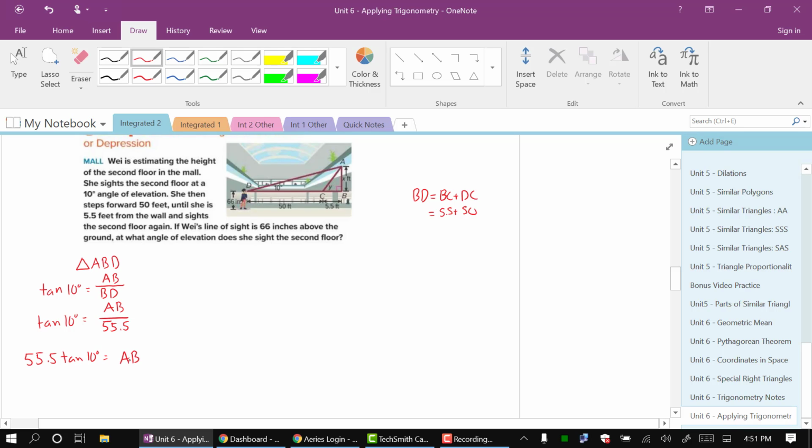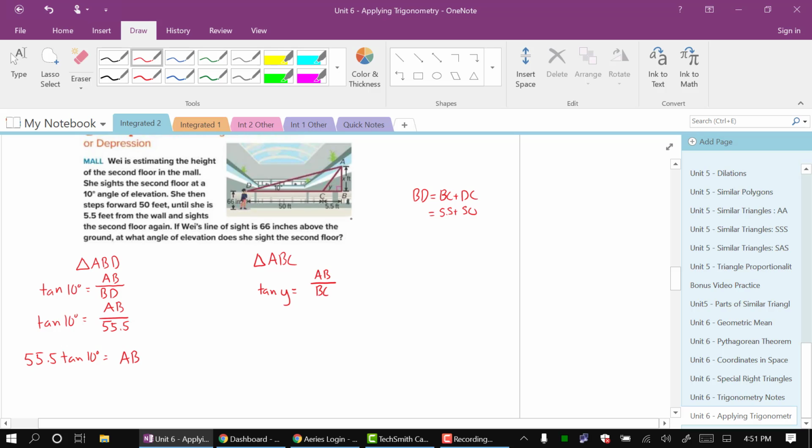I'm going to put a pin in that, come back to it, because now I'm going to look at triangle ABC, the smaller triangle. Again, here we have tangent Y equals AB over BC.